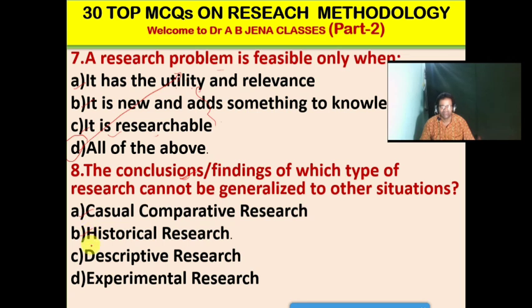B, historical research. C, descriptive research. D, experimental research. So friends, B is the right option for this MCQ. The conclusions or findings of historical research cannot be generalized to other situations. So B is the right option.